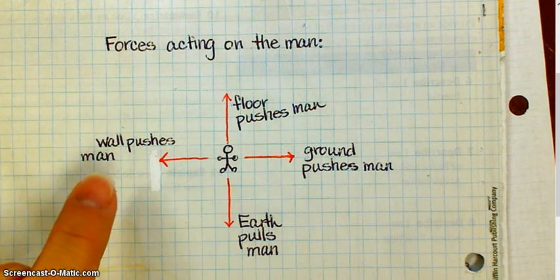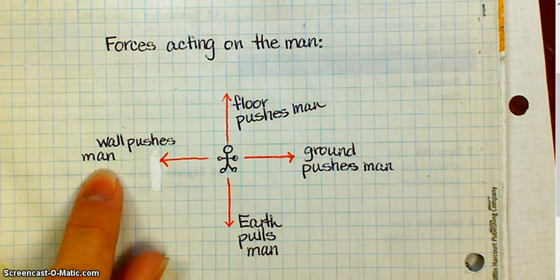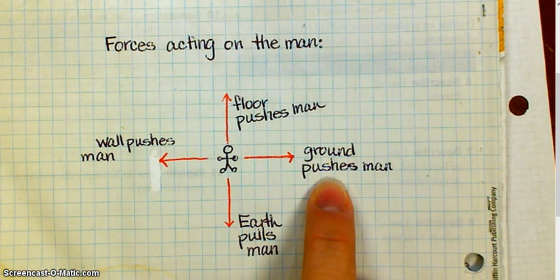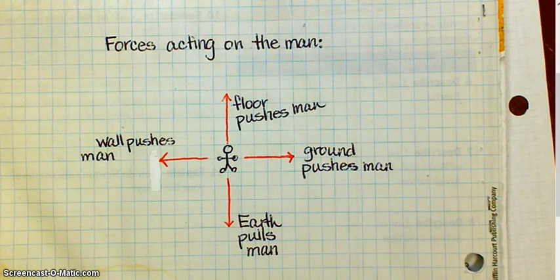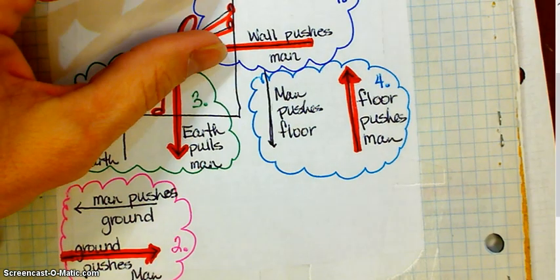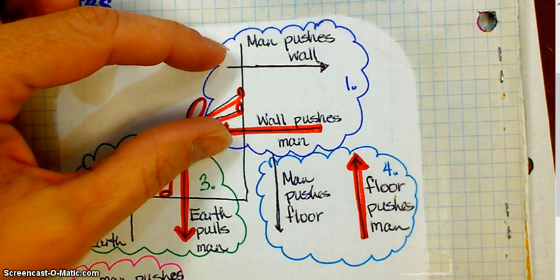Okay? Wall pushing the man to the left is the same size and in the opposite direction as the ground pushing the man to the right. So the guy's not going anywhere, and it's not because the forces in the pairs act on both of him.